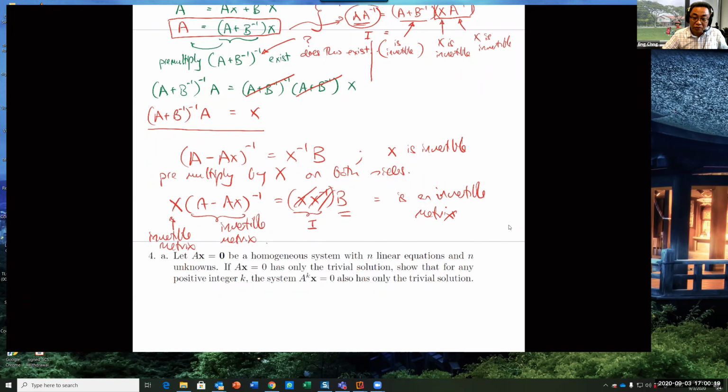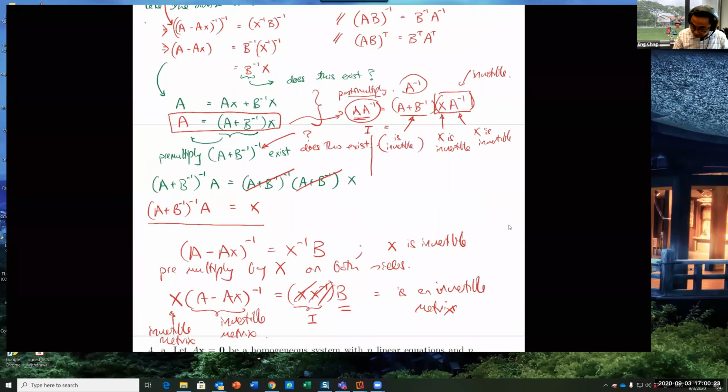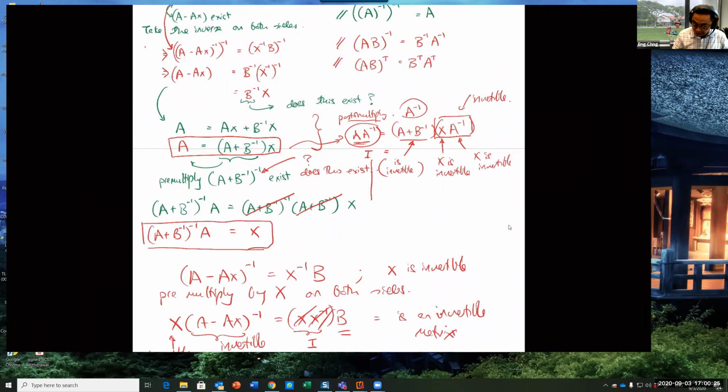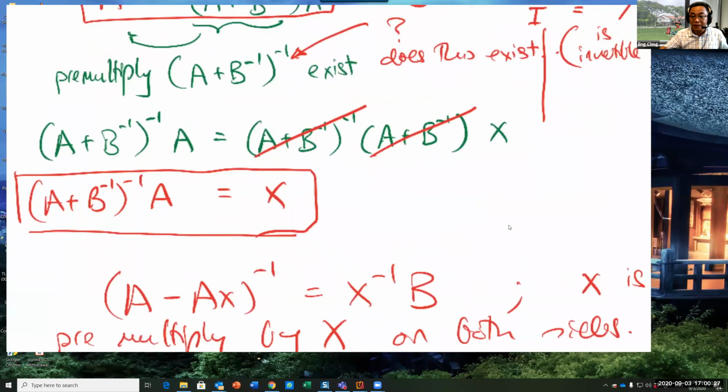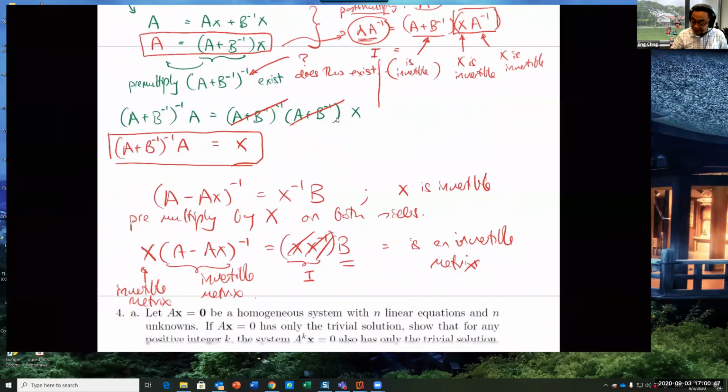They are asking you to basically find this equation, X equals to something. But to reach there, you've realized that we have to do a lot of inversion of matrices. So this whole exercise is for you to understand which matrices can be inverted and which matrices cannot be inverted, and what are the rules that we have applied, which are plenty.